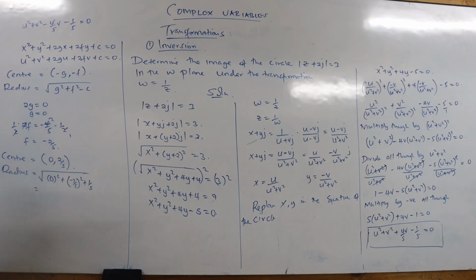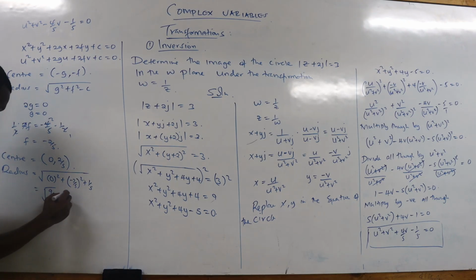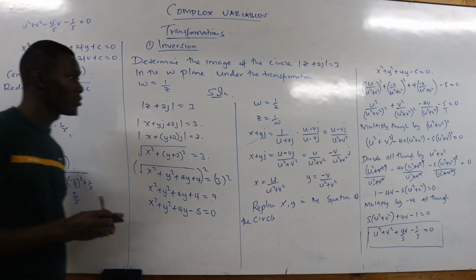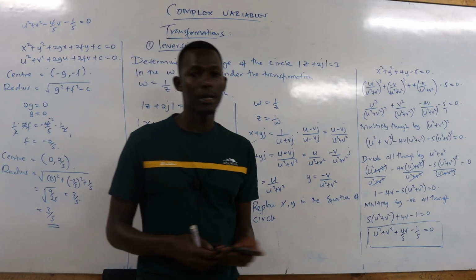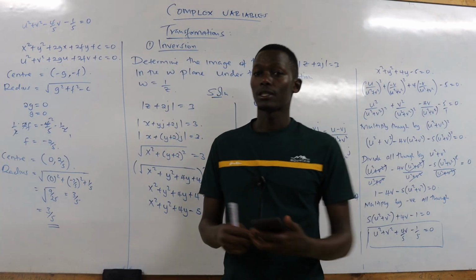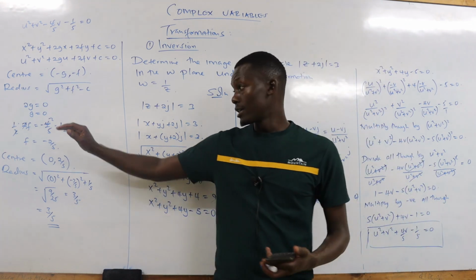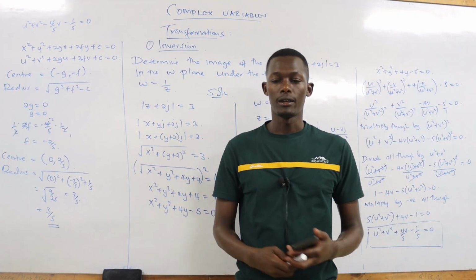So you get your answer is 9 over 25, and the square root of this basically is 3 over 5. So the radius is 3 over 5. And that, students, is how you determine the image of a circle in a complex variable, and also determine the center and the radius.